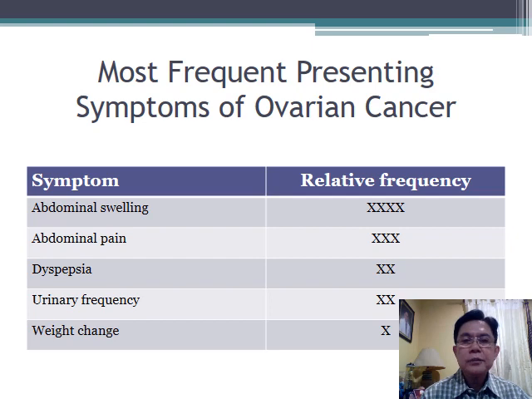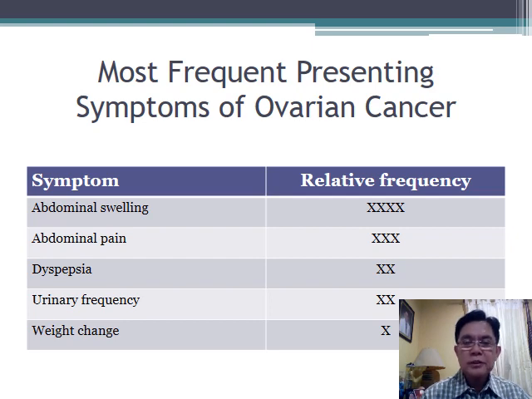Therefore, a high index of suspicion is warranted in all women between the ages of 40 to 65 years who have persistent gastrointestinal symptoms that cannot be diagnosed, or when there is persistence of gastrointestinal symptoms even with intervention that has been related to gastrointestinal pathology. So there is currently no simple way to accurately screen for ovarian cancer.